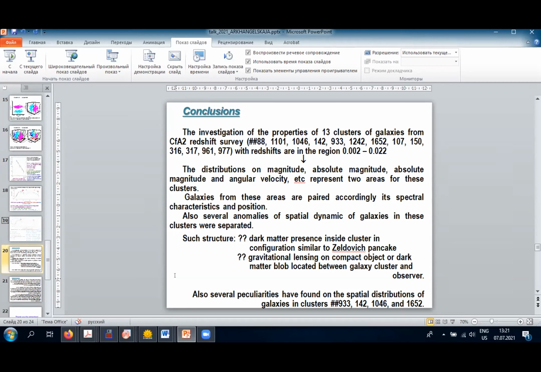Or maybe we see gravitational lensing on a compact object located between the galaxy cluster and the observer.